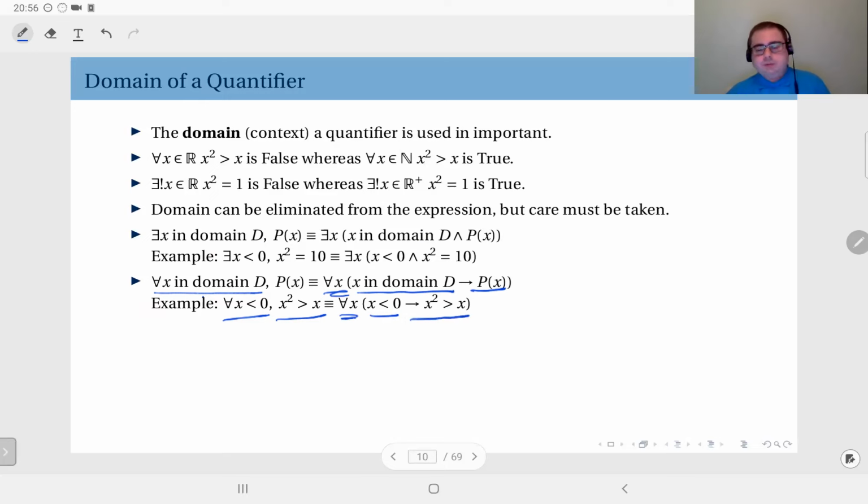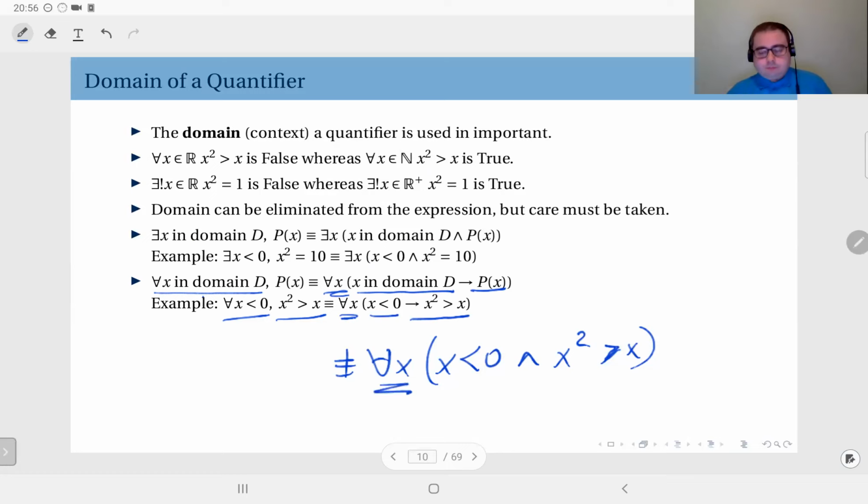Now for instance, you can translate this to natural language and then think on this. But let me point out to you why it's not the other way. Why is this not equivalent to for all x, x less than 0 and x squared greater than x? Let's think about what this statement is saying.